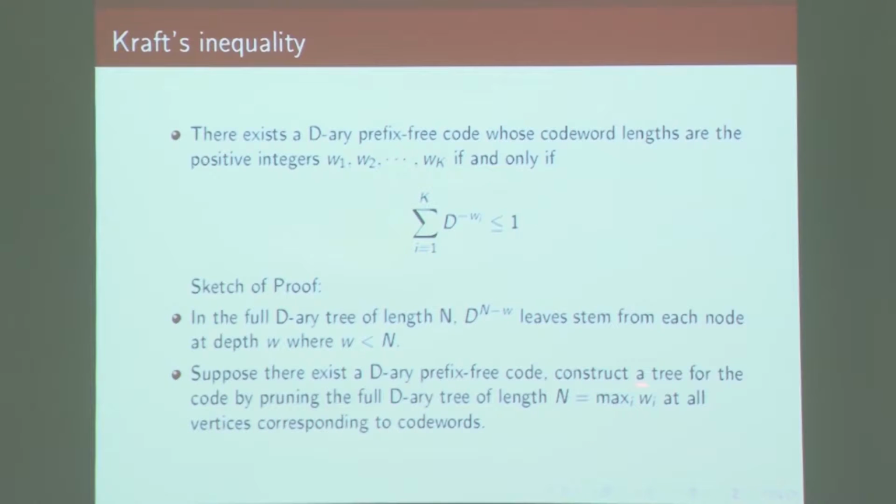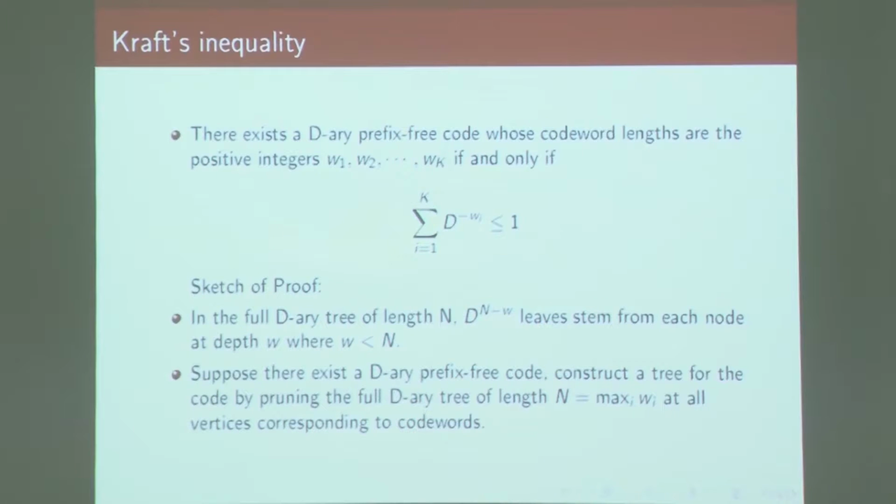And how do we map them? We will construct a tree by pruning a full DRE tree of length n, where n is the maximum of the wi, and we will prune this tree at all vertices corresponding to these code words, exactly the way we did in the previous case.